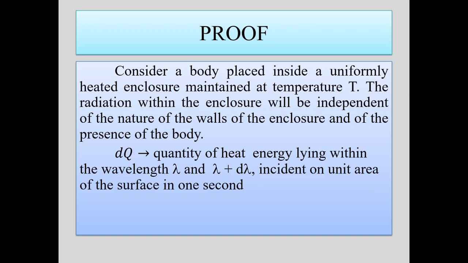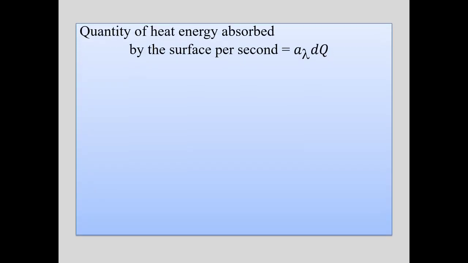So, within the enclosure, let dq be the amount of heat energy lying within the wavelength lambda and lambda plus d lambda that falls on the body per unit area of the surface per second. Let A lambda be the absorptive power of the body which is kept inside the enclosure. So the total energy absorbed by the body will be equal to A lambda into dq.